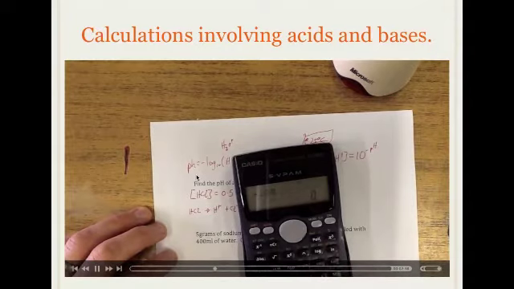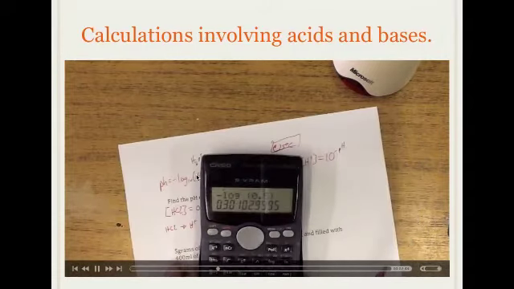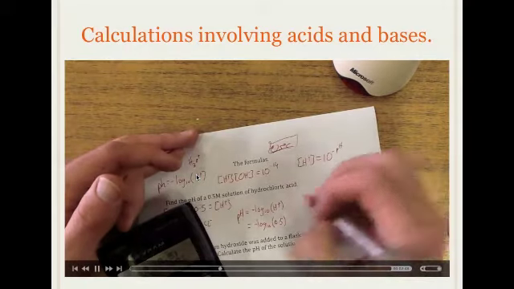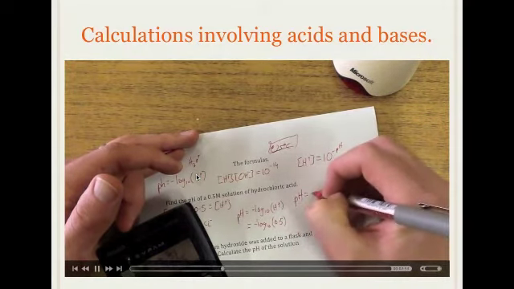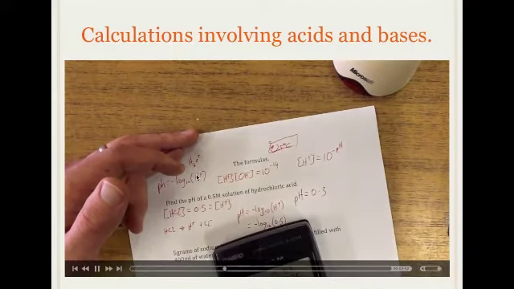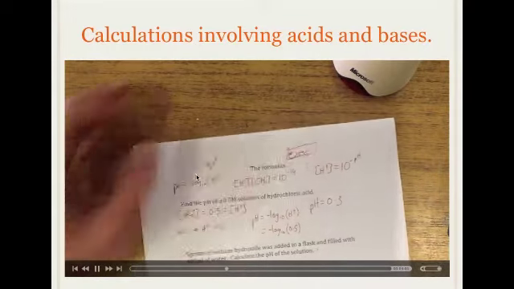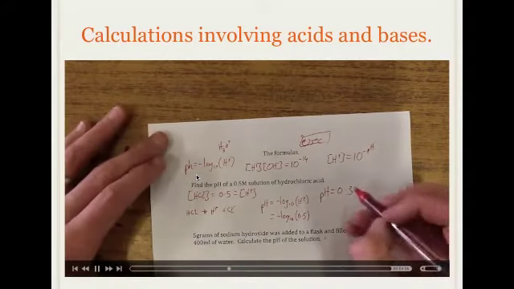Negative log bracket 0.5 bracket equals, and we get our answer as being 0.3. So our pH for this is equal to 0.3. It's only one significant figure, so it's just 0.3. pH doesn't have any units, so that's fine like that.